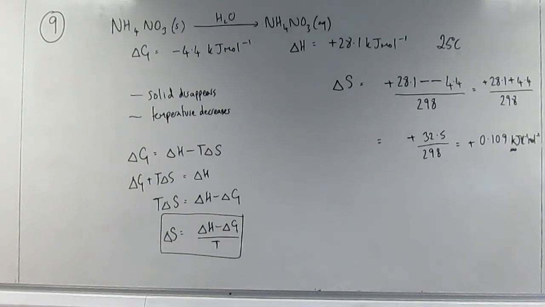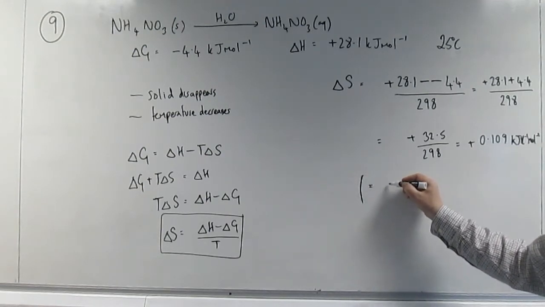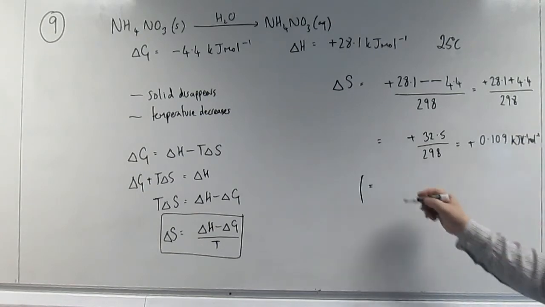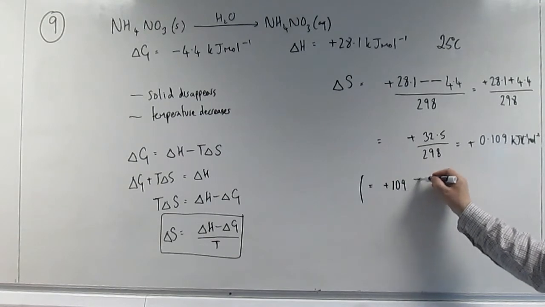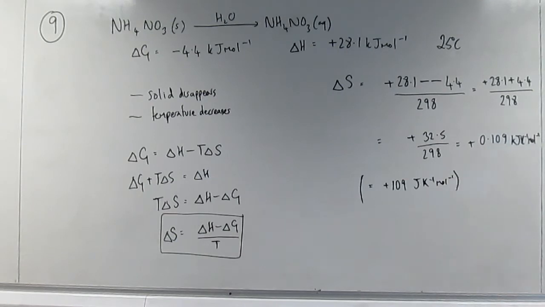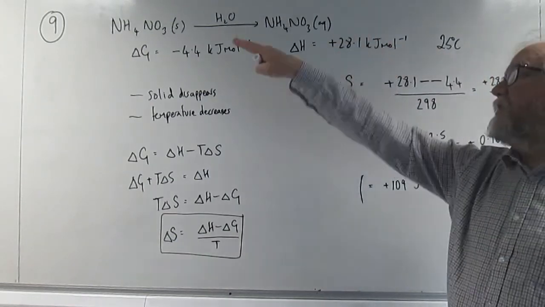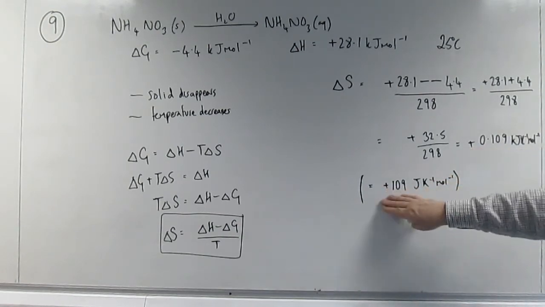So that's in kilojoules per Kelvin per mole, and it doesn't specify what units it wanted, so you can leave it like that if you wanted, but if you wanted to change it, or you were told to change it into joules per Kelvin per mole, we can say that that equals, and we multiply by 1,000 to go kilojoules to joules, so it's plus 109 joules per Kelvin per mole is the answer. Make sure on all these numbers, delta H, delta G, delta S, that you always have an explicit sign. So it's not just 109, it's plus 109.